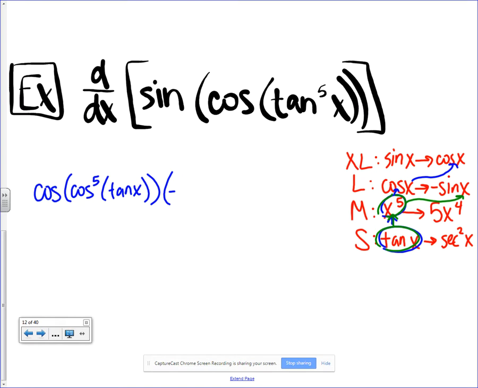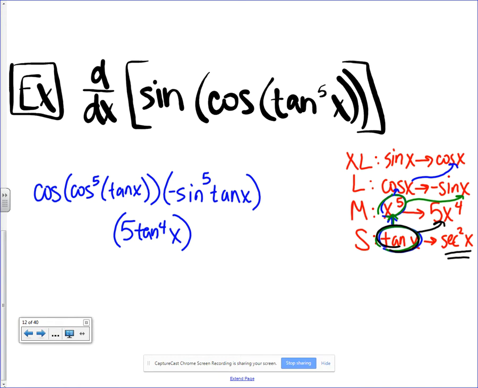So this will be negative sine to the 5th of tangent x. Now I need to take this and put it into there. And then I need to multiply by the little derivative.